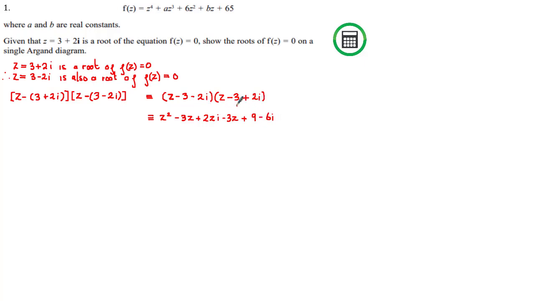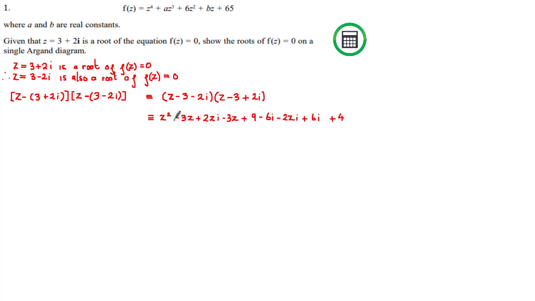Multiplying -2i by z gives us -2zi. Multiplying -2i by -3 gives us positive 6i, and multiplying -2i by 2i, well, i times i is i^2, which we know is equal to -1, and multiplying -1 by -2 times 2 would give us positive 4.